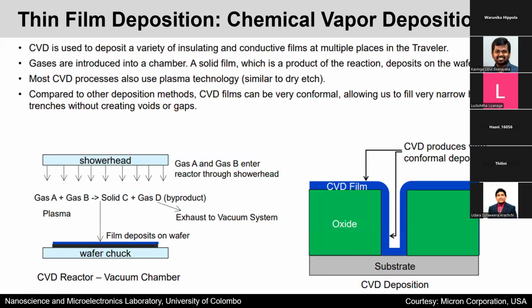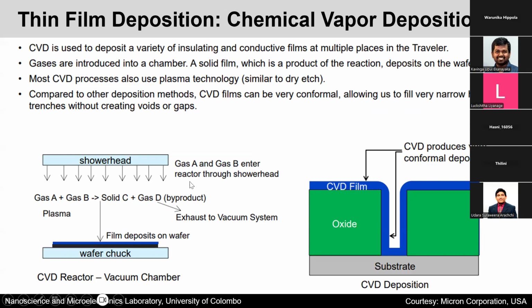Then thin film deposition, right? So this is another method that we use to deposit materials. It's chemical vapor deposition, right? So chemical vapor deposition is basically we are using certain chemicals.